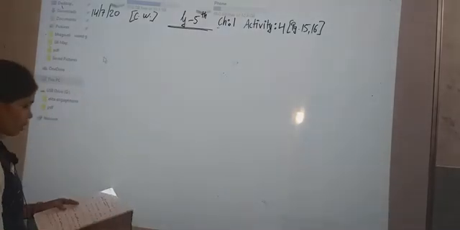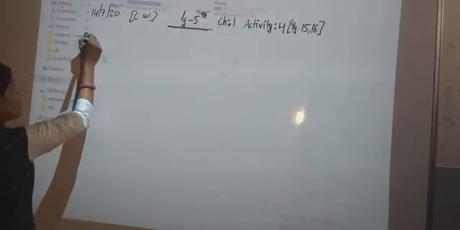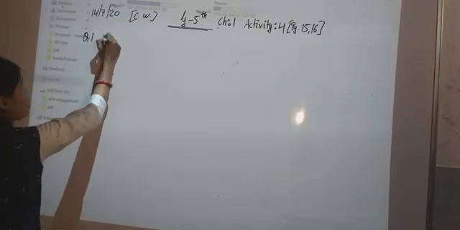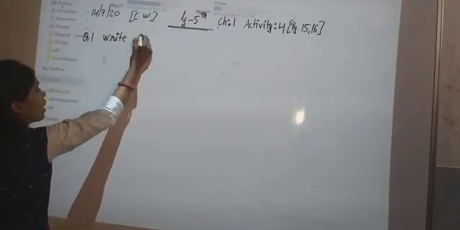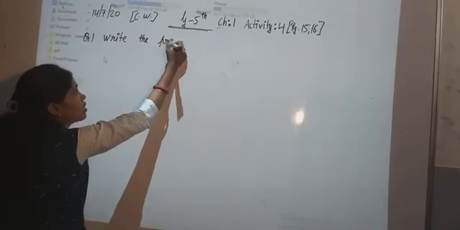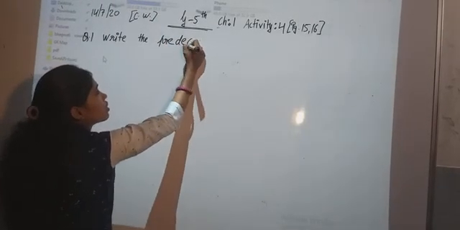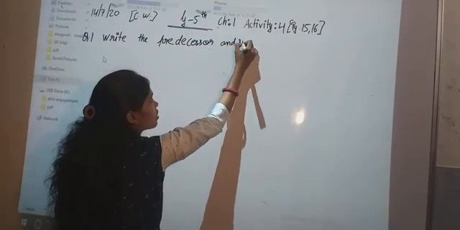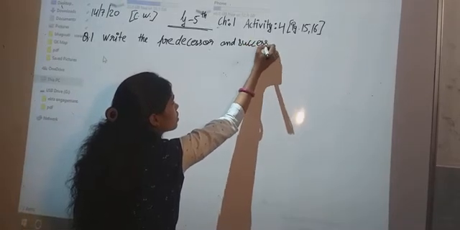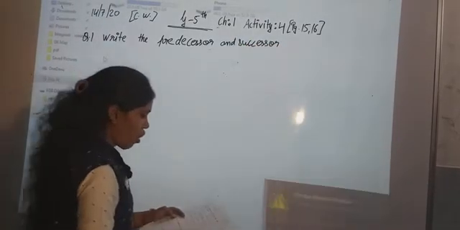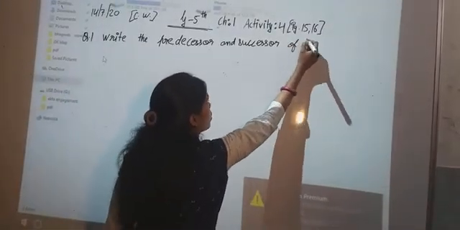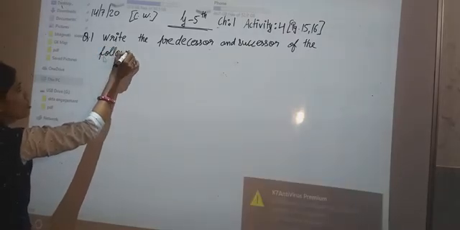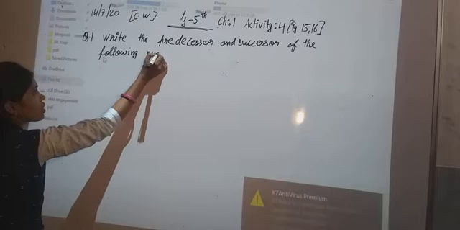Okay, so question 1 is: write the predecessor and successor of the following numbers.